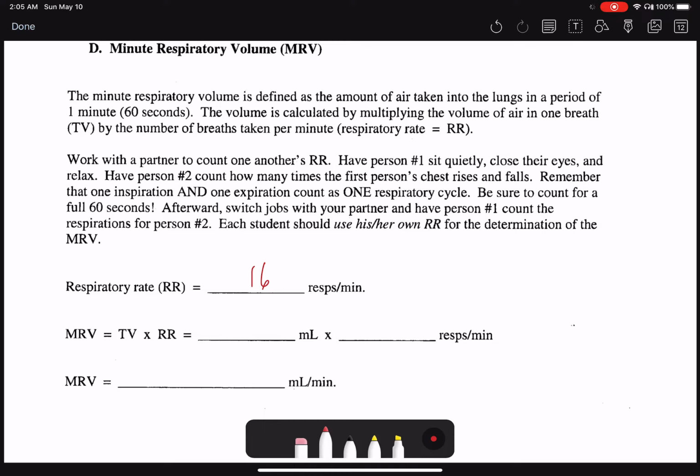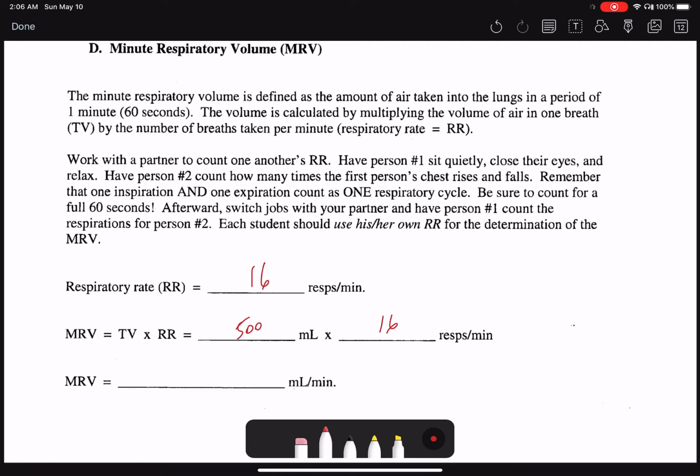Tidal volume, my tidal volume is probably at least 500 milliliters. That's a normal tidal volume. Tidal volume, by the way, again, is just the normal amount of air that you inhale or exhale with normal breathing. So when you multiply that tidal volume times the respiratory rate, that's going to give you your minute respiratory volume, which is really just the amount of air you either take in or exhale. A more precise way to say it: the amount of air that you either inhale or exhale within 1 minute.